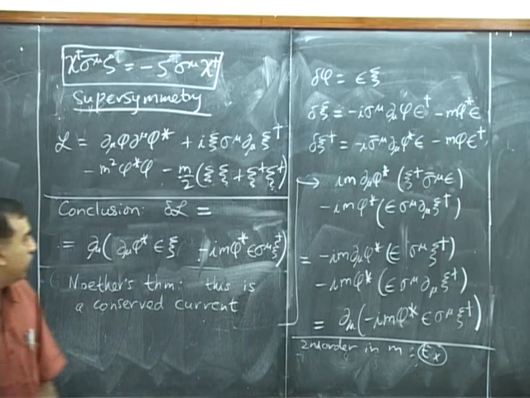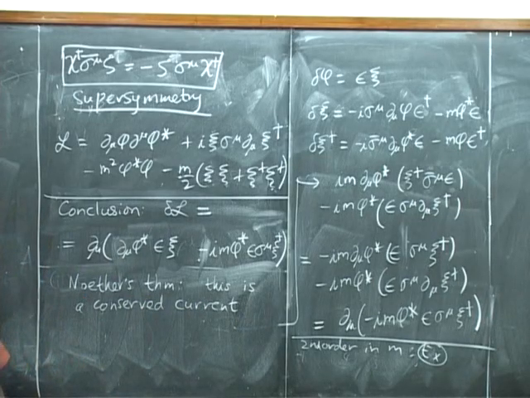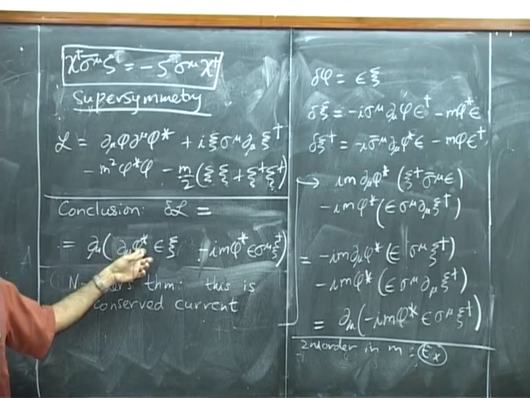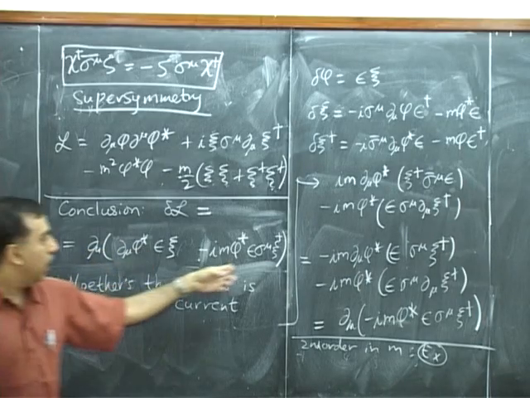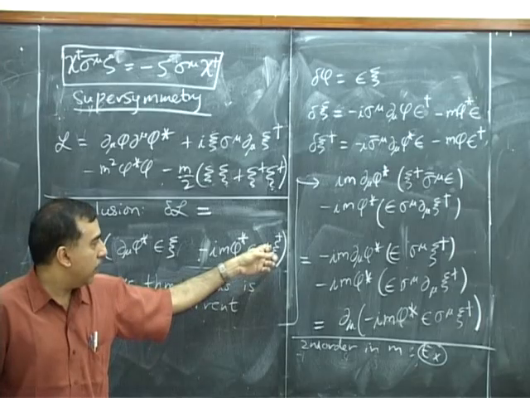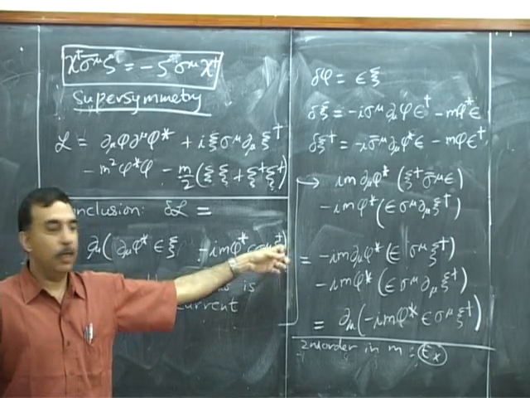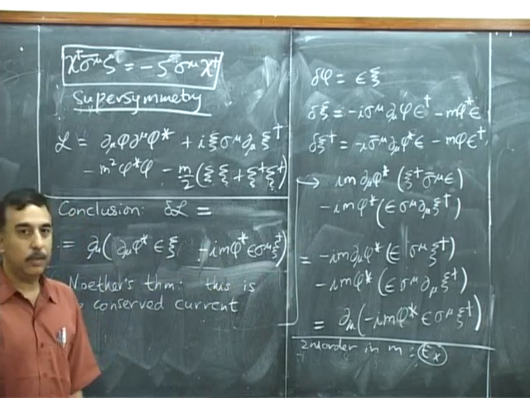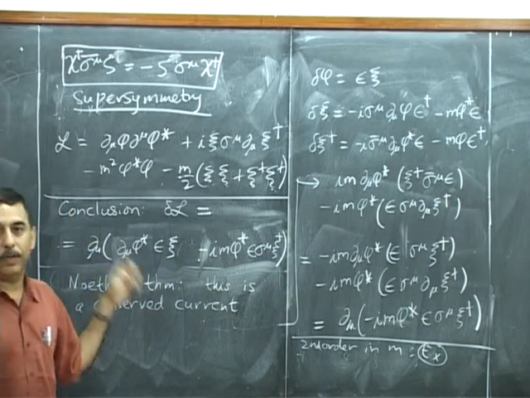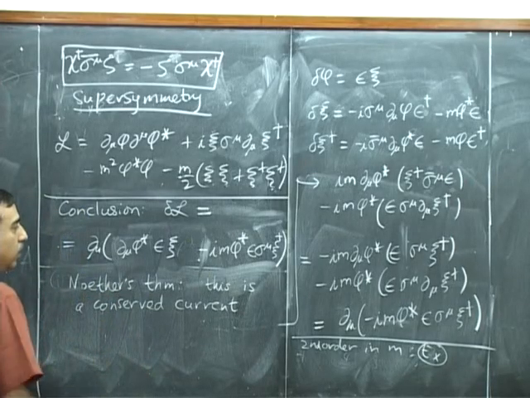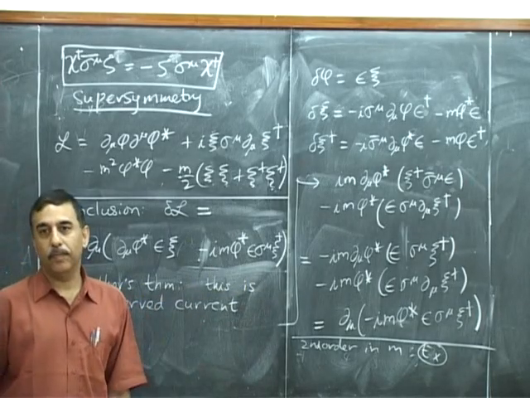And it's conserved by virtue of the equations of motion, which is easy to check because when del mu acts here, you get box of phi star, and when it acts here, you get del slash of psi dagger, which is m times psi dagger, and then those two terms will cancel. Sorry, box of phi star is m squared times phi star. So you can check that this current is conserved when you use the equations of motion.